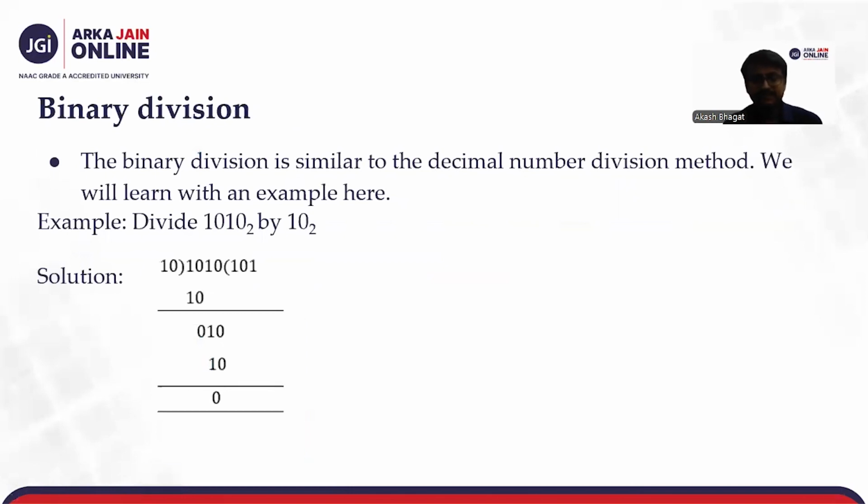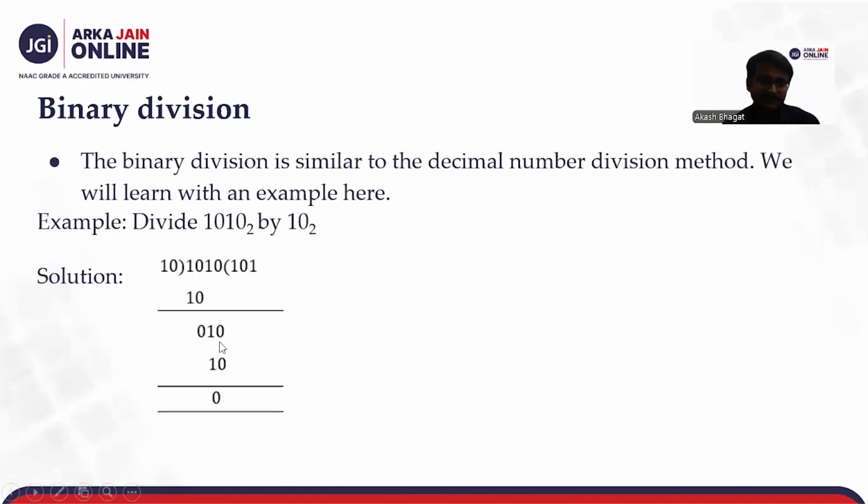So next, division. It is similar to the decimal number division method. We will learn with an example here. Divide 1 0 1 0 by 1 0. So how to divide? Dividing 1 0 by 1 0, you get 1, remainder is 0.